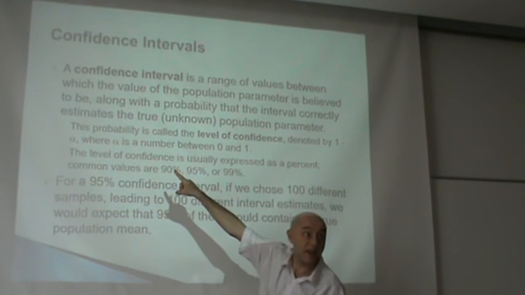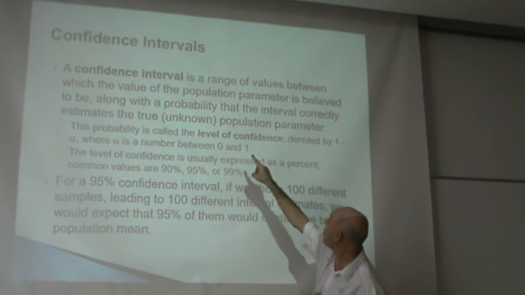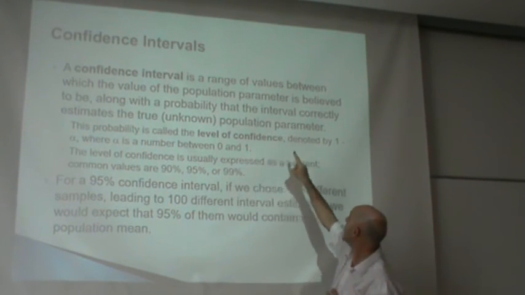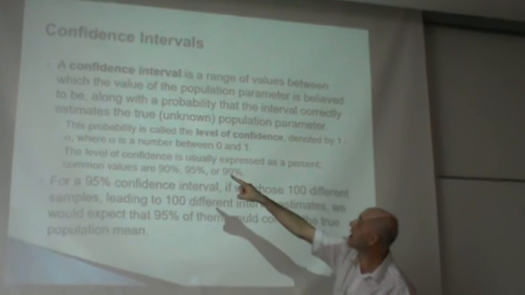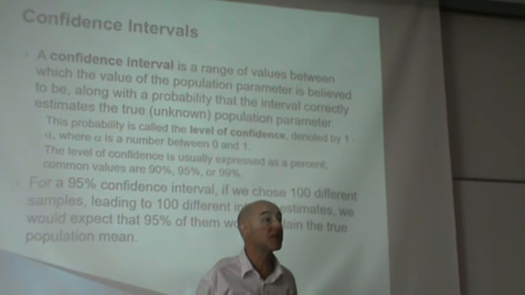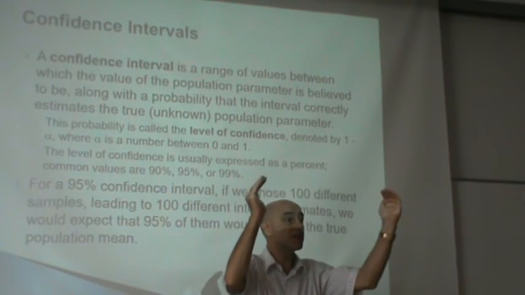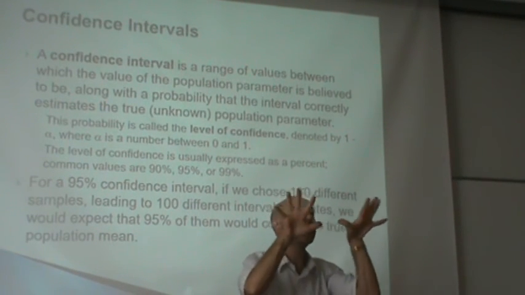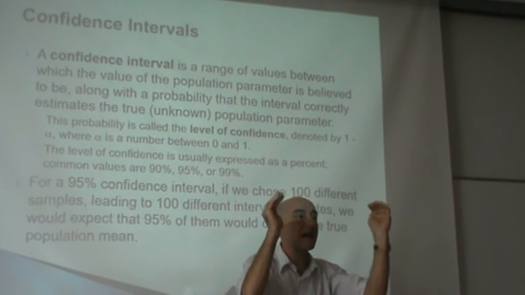And here they write, along with the probability that the interval correctly estimates the truth. So the confidence interval tells you not only what the range is, but what the probability is to be inside that range.